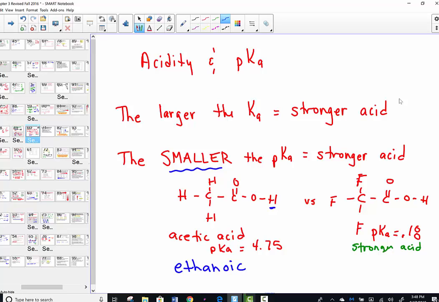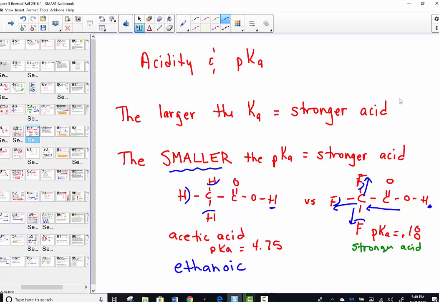Let's remove these hydrogens and replace them with a much more electronegative element like fluorine. That creates electron density being pulled away from that proton, and those fluorines are really hogging that electron density, pulling all the electron richness towards themselves, leaving this proton very, very highly positive.